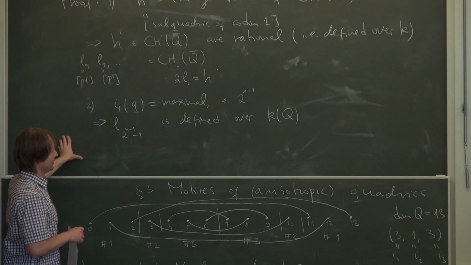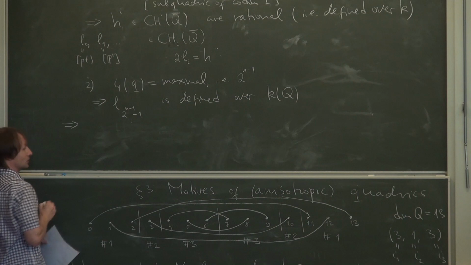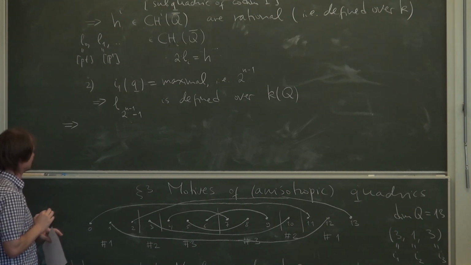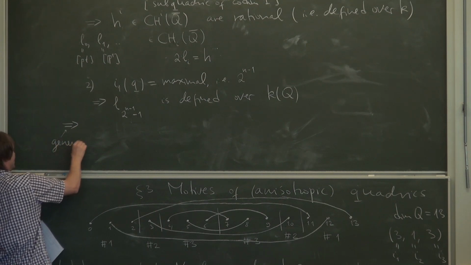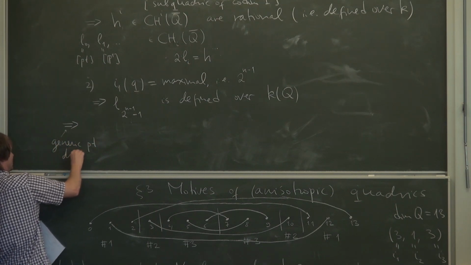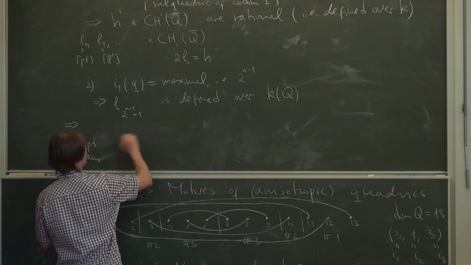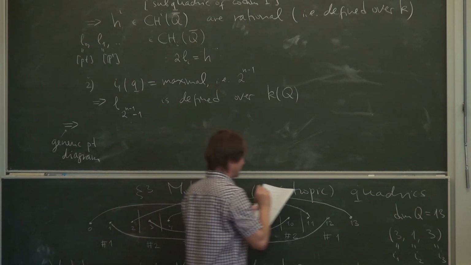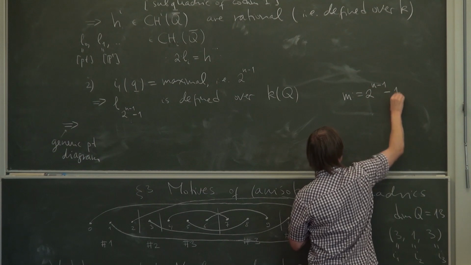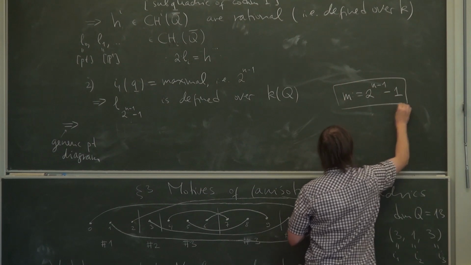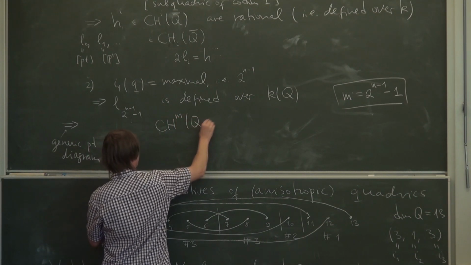So and now let us draw what I call the generic point diagram. It looks as follows. Let M be the dimension divided by 2. And we consider the following square.